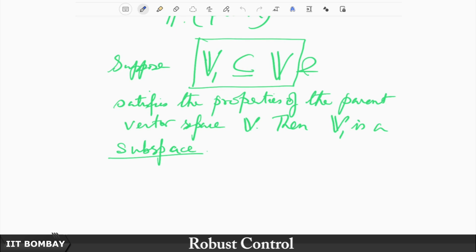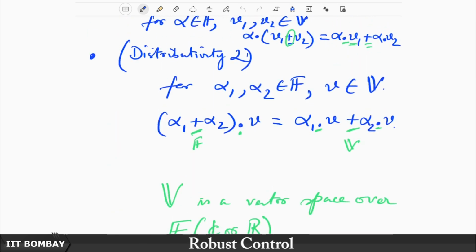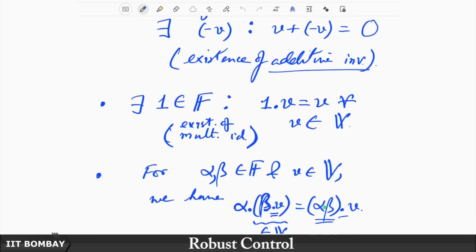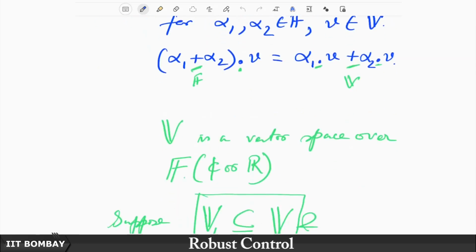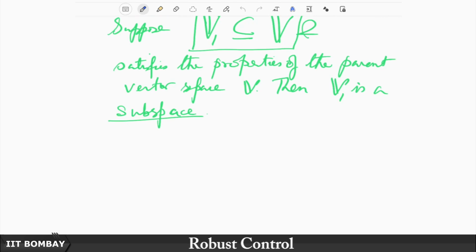So, in the previous lecture we described what a vector space is, and also what a subspace is. We saw that if you have a set V, a field, which in our case would be complex numbers or real numbers, and two operations, the vector addition and the scalar multiplication, which satisfy certain properties, 10 of them to be precise, as I listed in the previous lecture, then we say that this is a vector space over the field F, which in our case is C or R, complex numbers or real numbers.